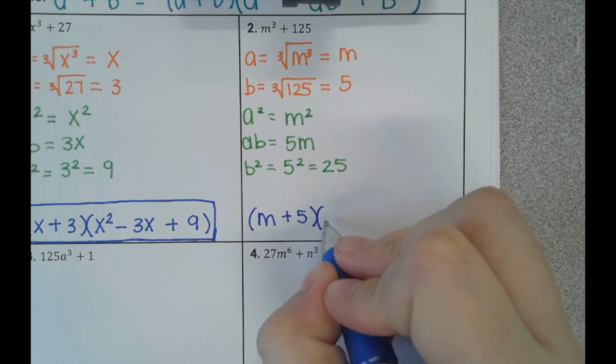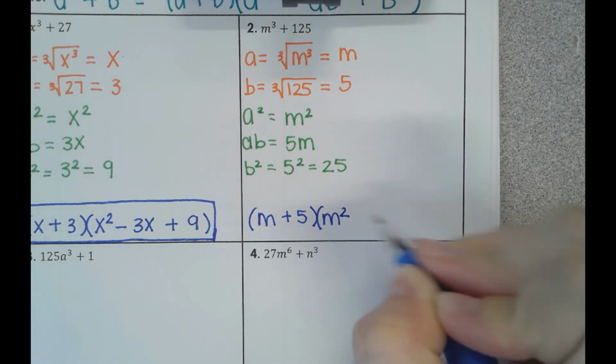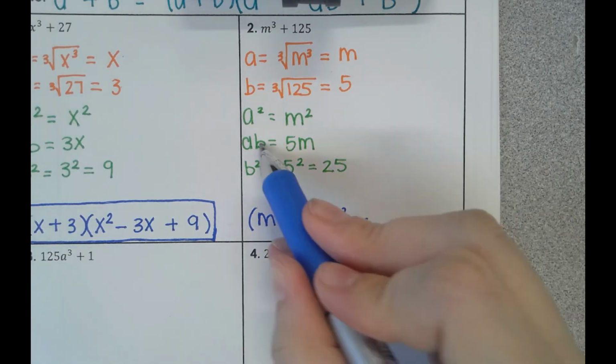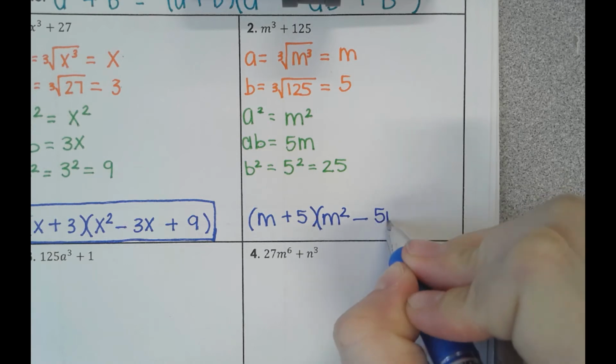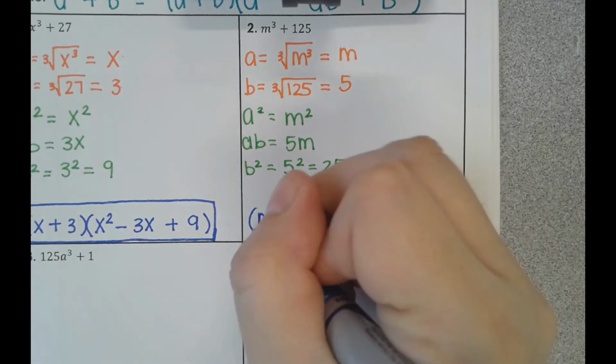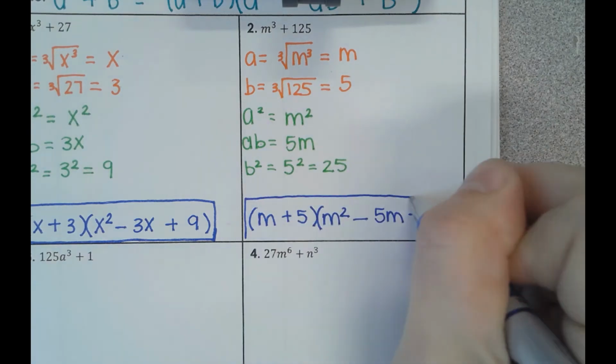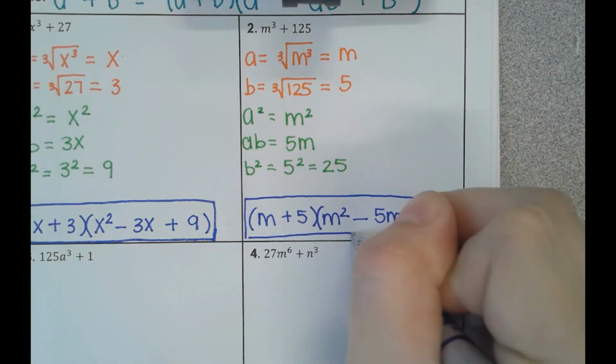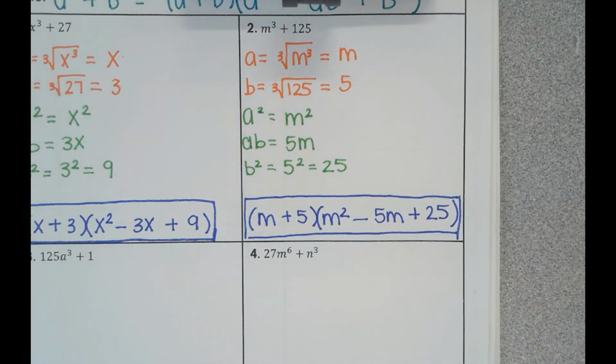And then we have our a squared minus the ab plus our b squared. Any questions?